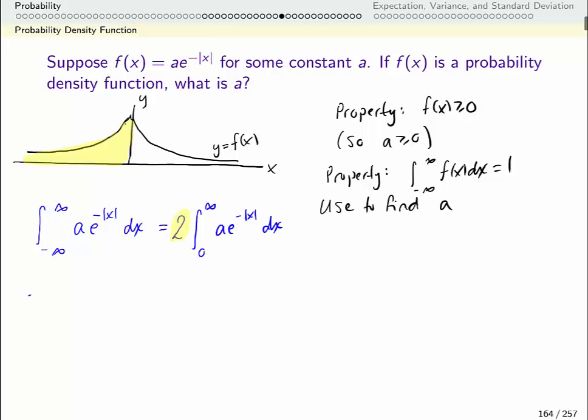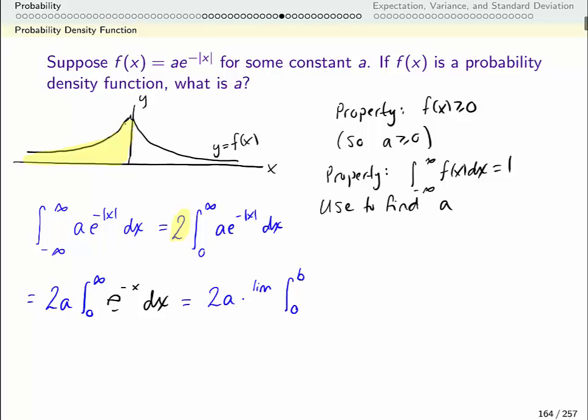I can factor out that a because it's just a constant. And because now I am only dealing with positive values of x, the absolute value no longer changes my function. So this is just e to the negative x. The way we deal with improper integrals is by replacing the problematic bound, in this case the upper bound, with a limit.